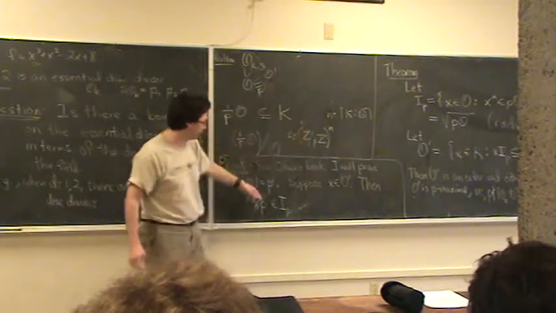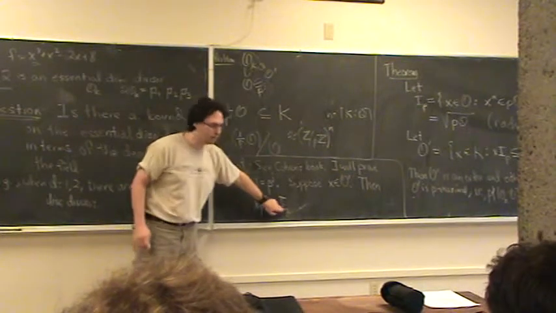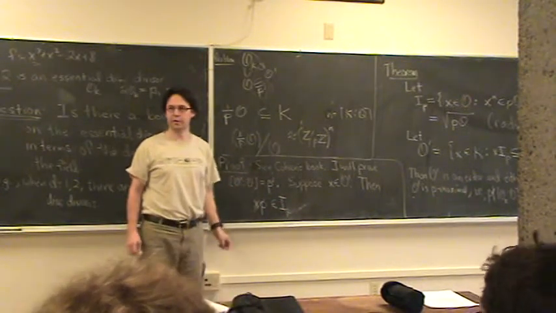O prime is all the elements of the number field that multiply every single element of I sub P into I sub P. I'm just using p as one of those elements.